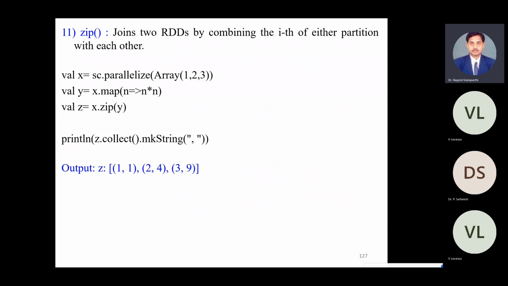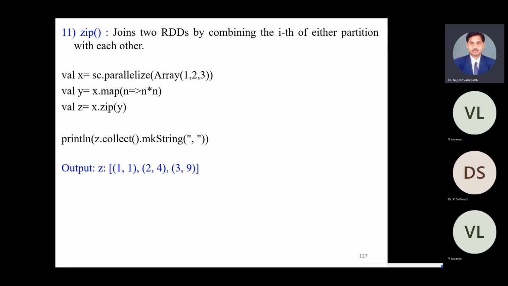So 1 multiplied by 1 is 1, and 2 multiplied by 2, suppose you are giving input 2, so 2 multiplied by 2, then 3 multiplied by 3. So this is about the zip transformation. Keep in mind, zip joins two RDDs.